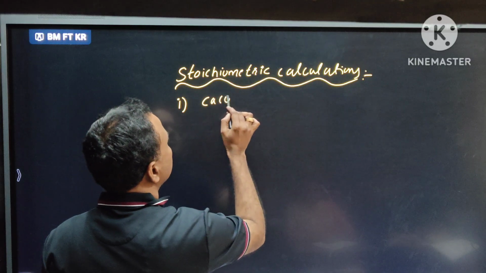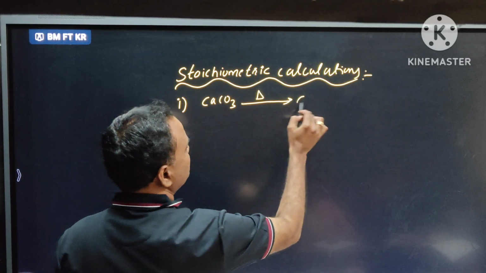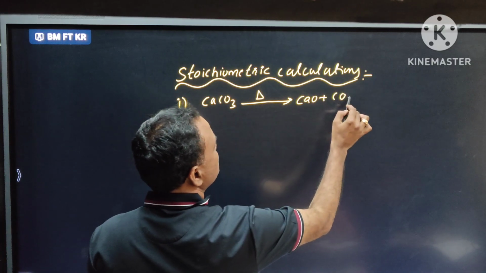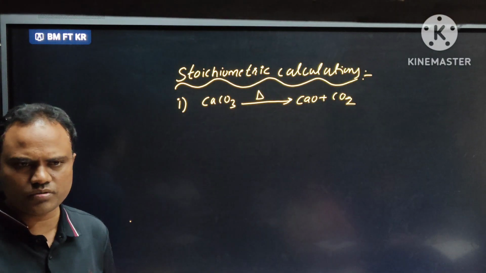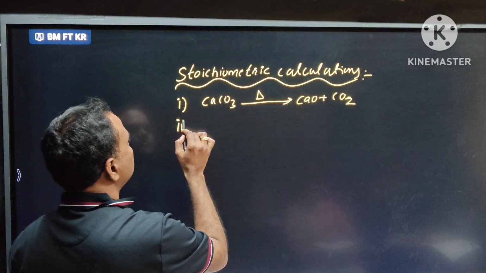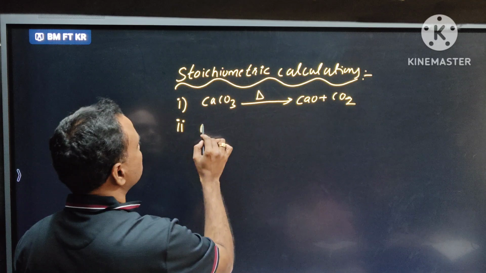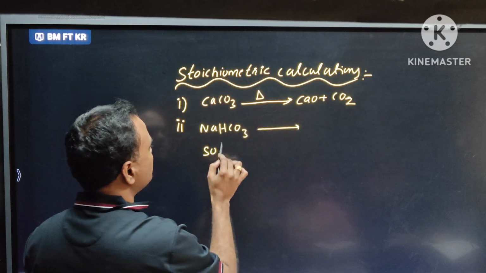Basic and fundamental equation: CaCO3, upon dissociation, gives CaO and CO2. You should know this. Sometimes you won't get this equation. NaHCO3, what is its name? Sodium bicarbonate.